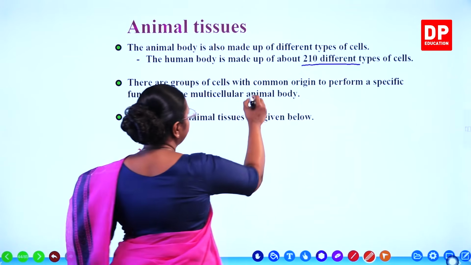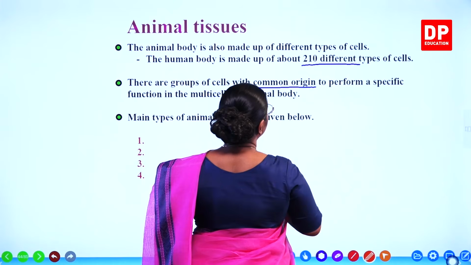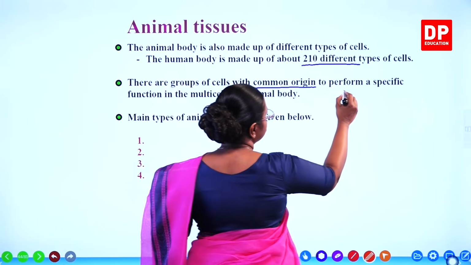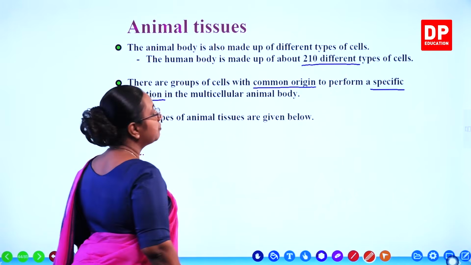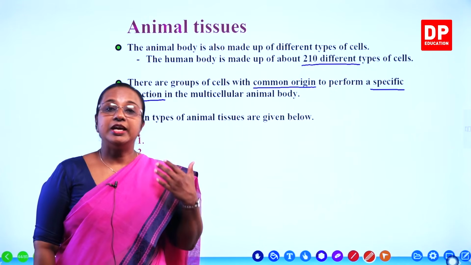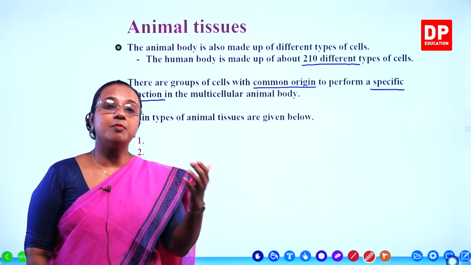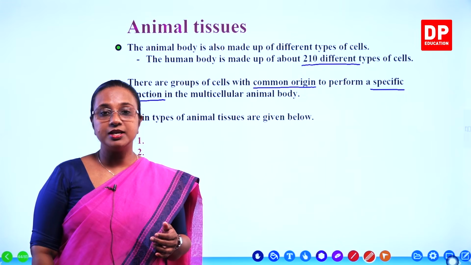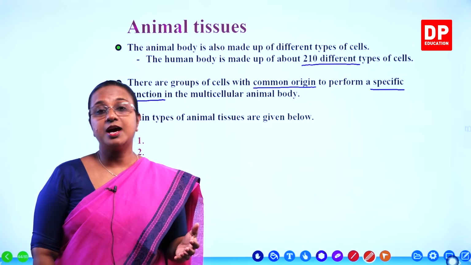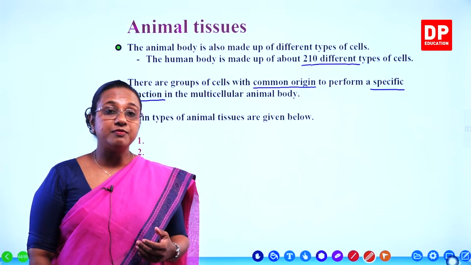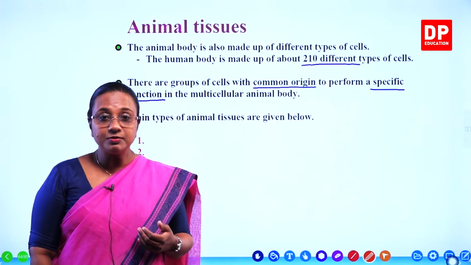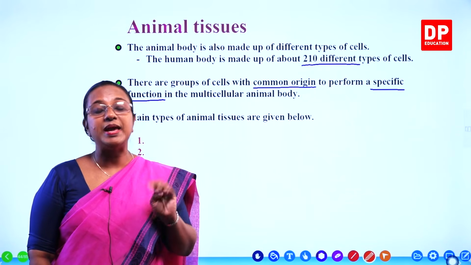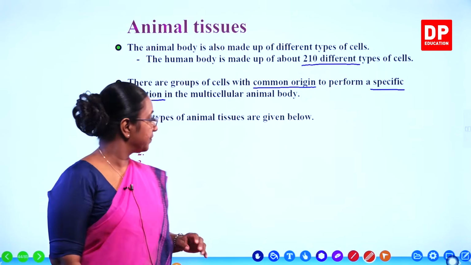So here again you have to remember these two terms, common origin and to perform a specific function. So in our body and the body of other multicellular organisms, there are different types of tissues that perform different functions. If we look at our body, there are 4 main types of tissues.